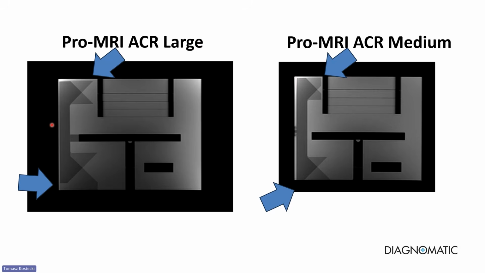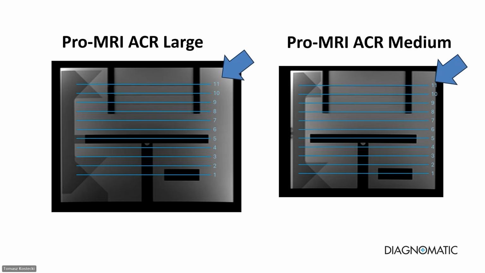So as you can see on the left, in the upper part of the image, the corners of the wedges are cut, but it doesn't change anything. Both phantoms can be scanned using the same general protocol, including the same number of slices, field of view, and slice thickness. It all depends on the coil size which you are using.